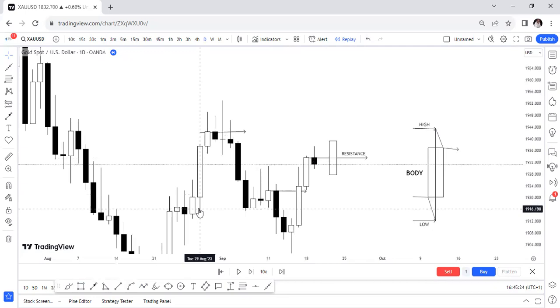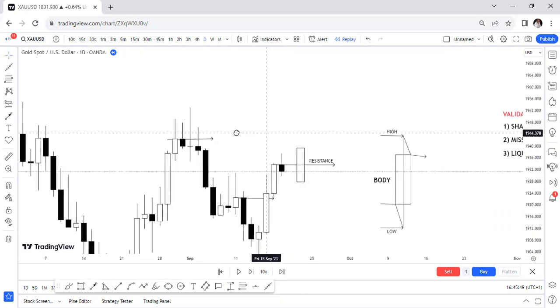But what happened? Price touched it with a wick. It ended up becoming a wick, not the body. This place does not come up here. But here we have a wick. It touches it with a wick. It didn't end up becoming a body, but a wick. So you must look out for a wick.